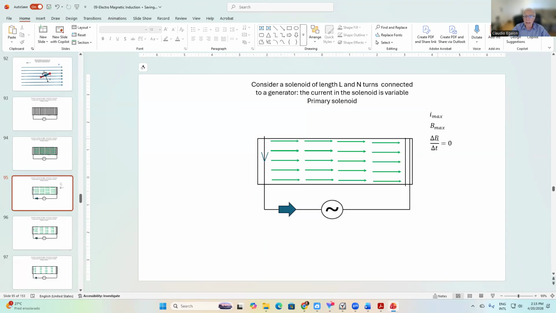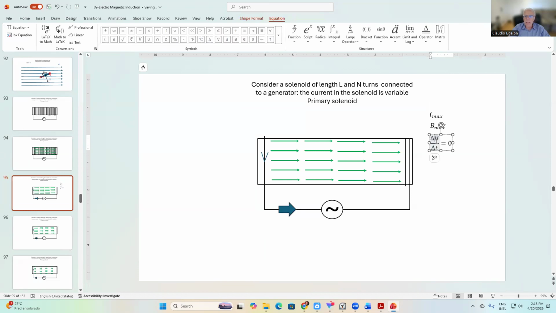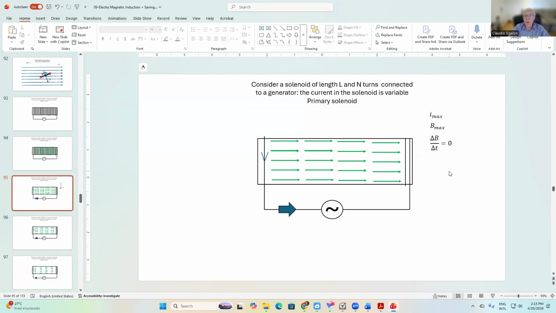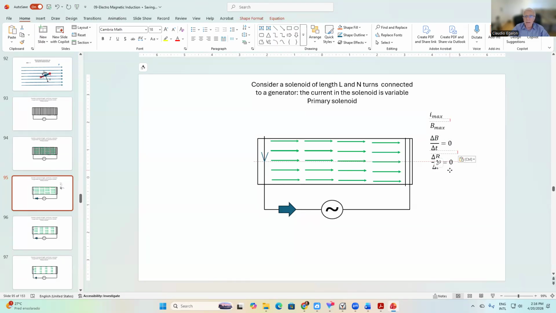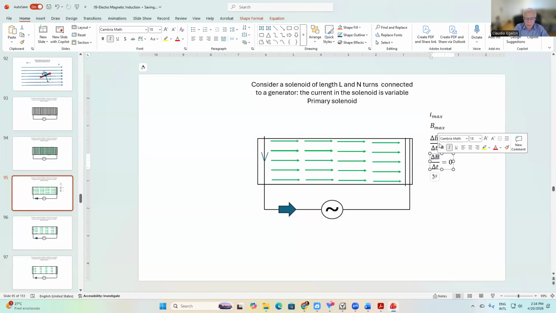At this instant of time, the change in magnetic field is going to be momentarily zero. Consequently, the change in magnetic flux is going to be zero as well.